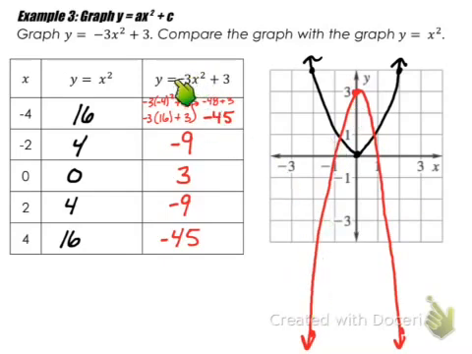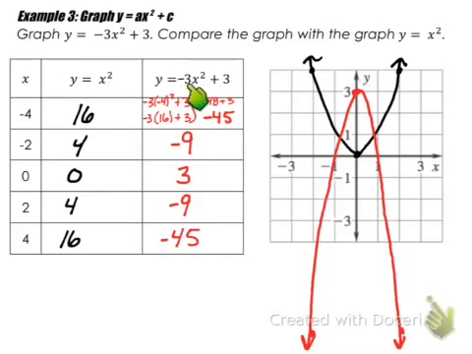So the negative sign makes it reflect. The 3, because it's greater than 1, not a fraction or a decimal, gives us a vertical stretch, and that positive 3 at the very end has shifted our vertex up 3 units. Those are the three different things affecting the parent function.